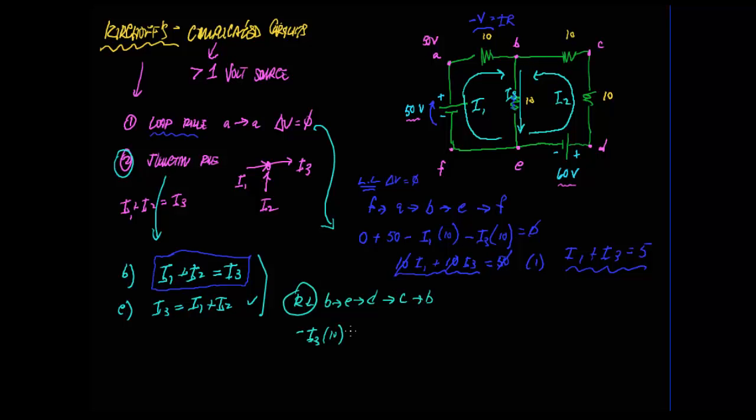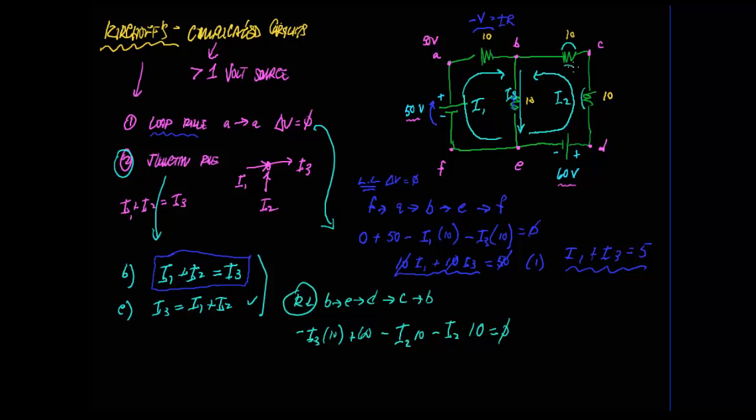From E to D, I'm going to add 60 volts because I'm going in the direction from negative to positive of the battery. From D to C, I'm going to lose voltage again, and that's I2 because I'm in the I2 branch now across here, times 10. And then from C back to B, I'm again going to lose voltage. That's minus I2 times another 10, and that has to equal 0.